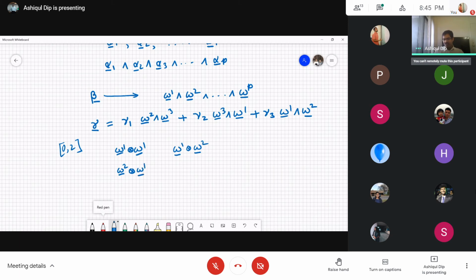So in principle, this thing and this thing are totally independent. These are not wedge products. These are just direct products. So there are no relations between these two.